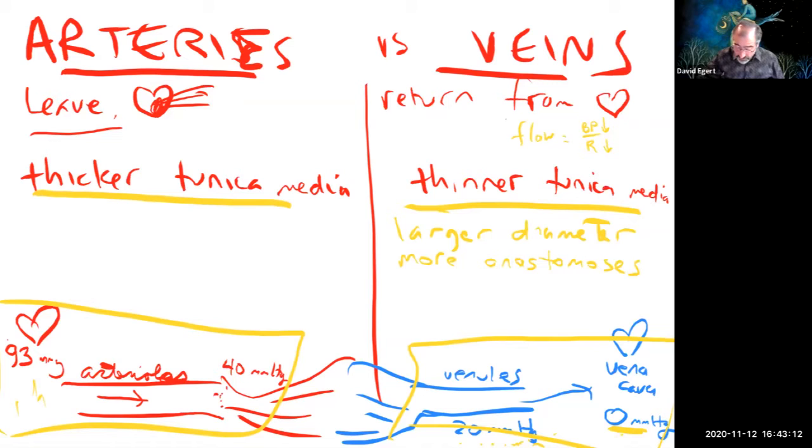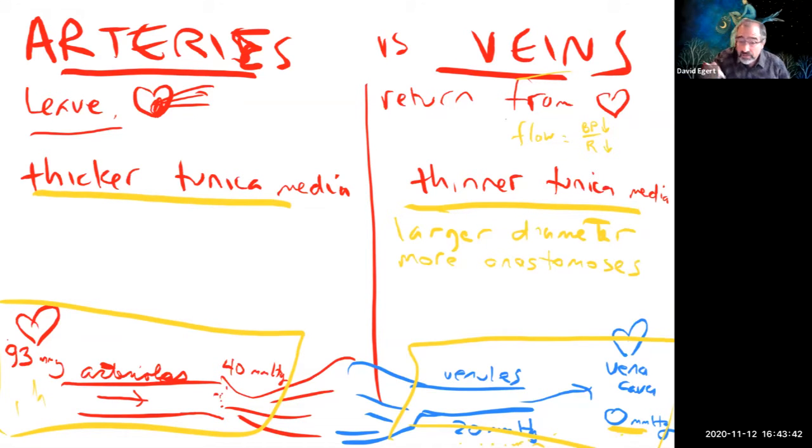However, in the veins, there are always many, many paths to the same place. If I'm in the hand and want to get back up to my shoulder, I can go up the cephalic vein or the basilic vein or the brachial vein, and they all go to the same place. So there are a lot more multiple paths to get to some place.